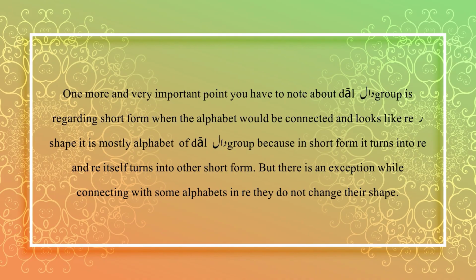But there is an exception. While connected with some alphabets, ray does not change its shape. We have some words where ray also does not change its shape. But when you see this alphabet in many words, most probably it would be the alphabet of DAAL group, because when DAAL is connected and used in short form, it looks like ray.